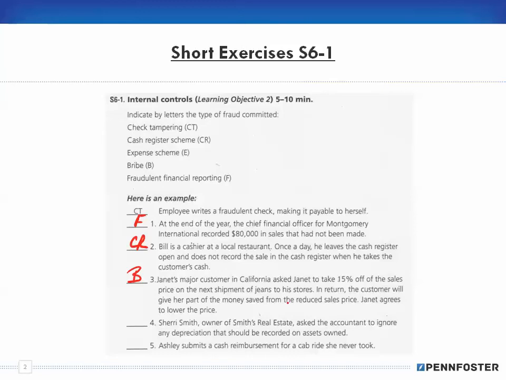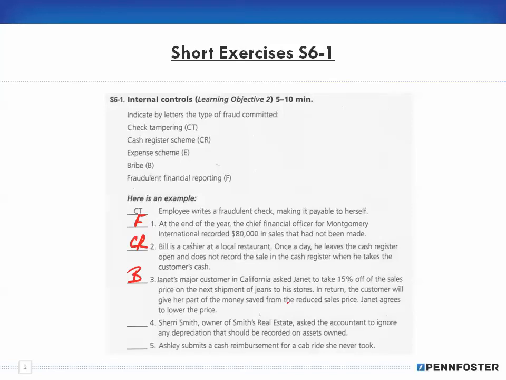So let's just round and say it's $90. So the customer's saving $10, and if the customer takes 5 of that $10 that he saves and gives it to Janet, obviously, the customer's paying 95, saving the 5%, but there's also a transfer of cash which is not taxed, and that's why that's being called a bribe.